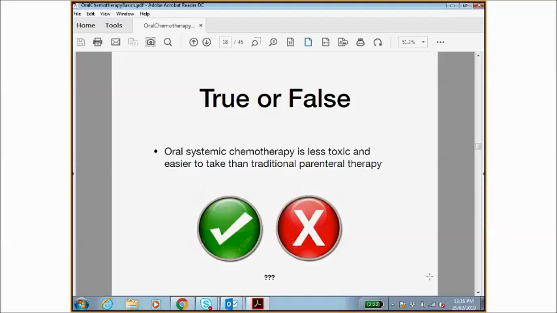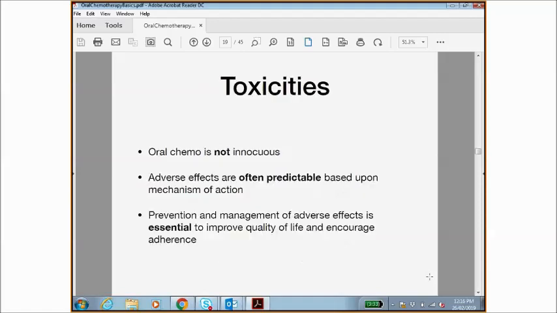But this other friend, she has breast cancer. She's just taking this pill, so she's not as sick, or she doesn't have as potent a treatment. But oral chemo is not innocuous, and so people have to remember that, and their caregivers have to remember that.